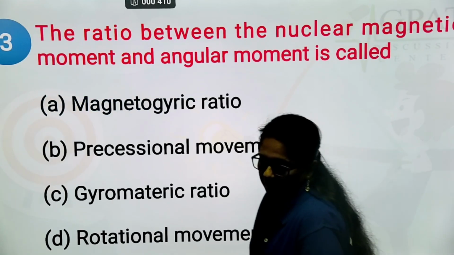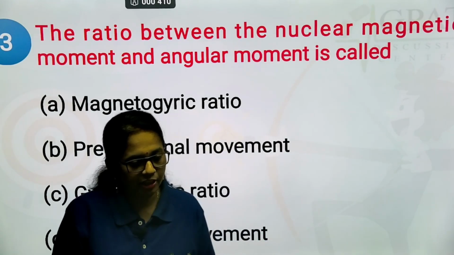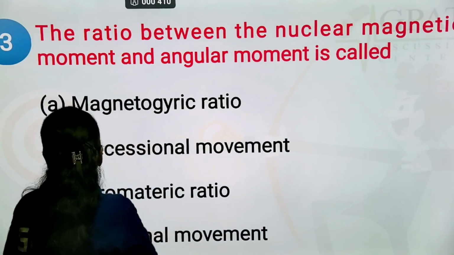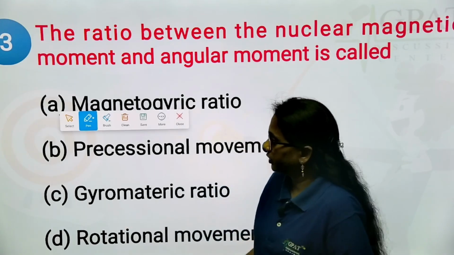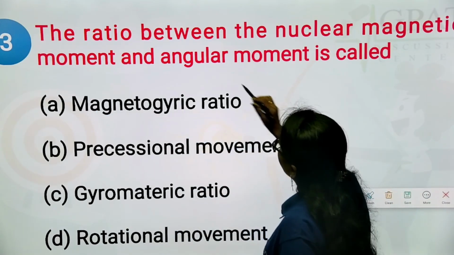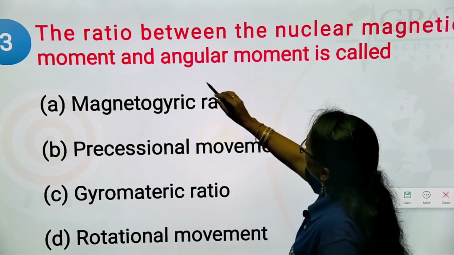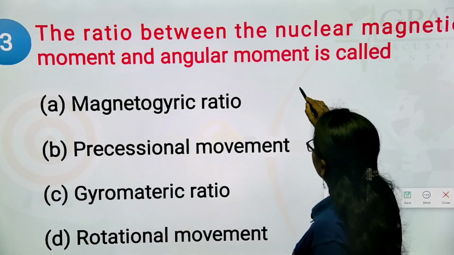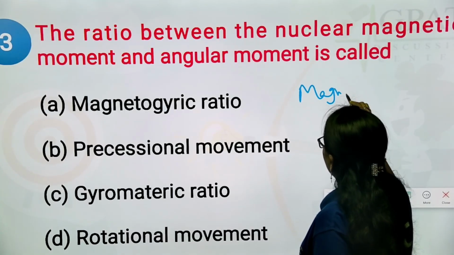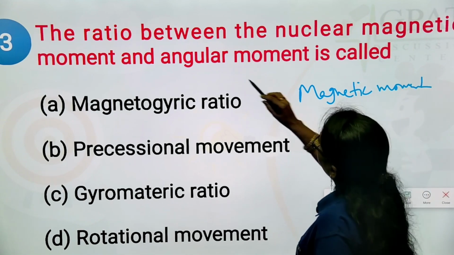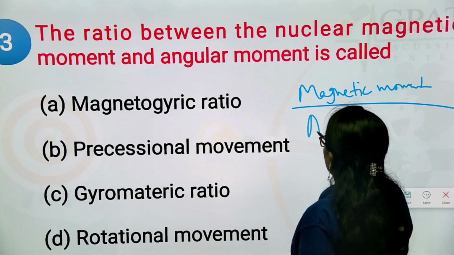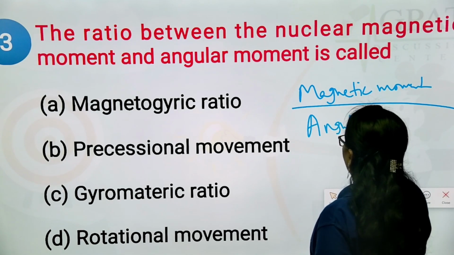Third question: the ratio between the nuclear magnetic moment and angular moment. Here the question is related to a formula, the ratio between the nuclear magnetic moment and the angular moment.